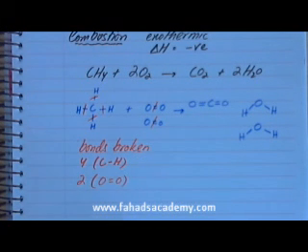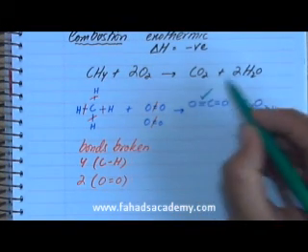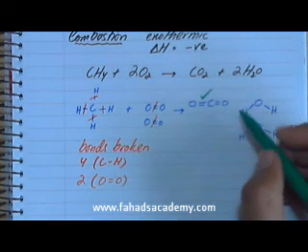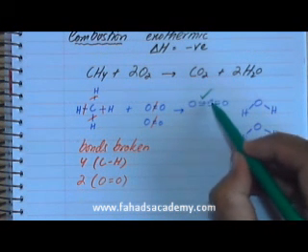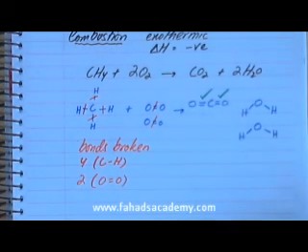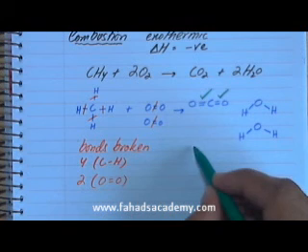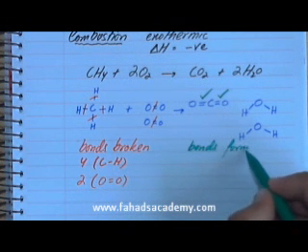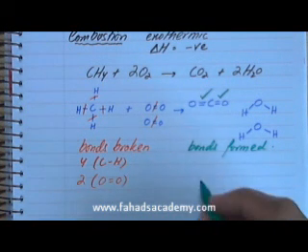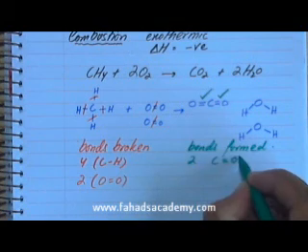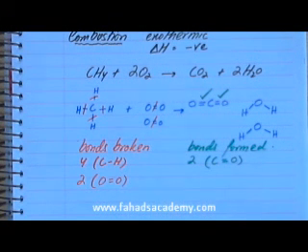Similarly, new bonds are formed in this reaction. This bond was previously not there in the reactants, so this is a new bond that has been formed. There's 1 carbon oxygen bond formed, and another carbon oxygen bond formed, so 2 carbon oxygen bonds have been formed.